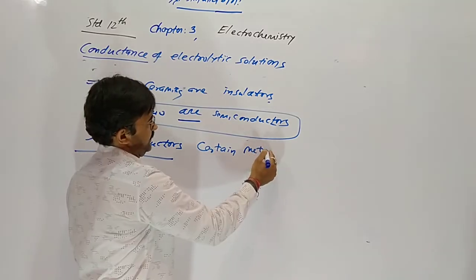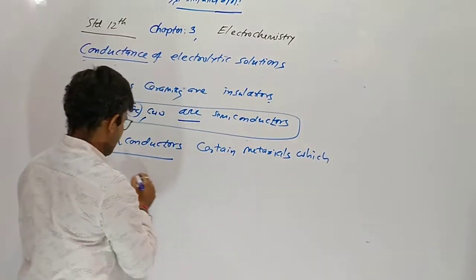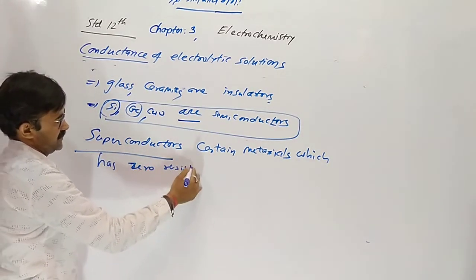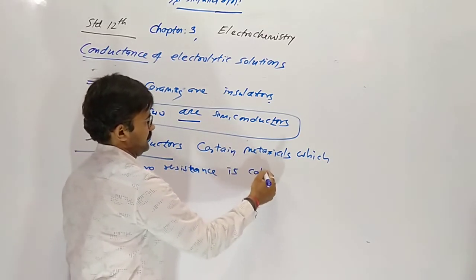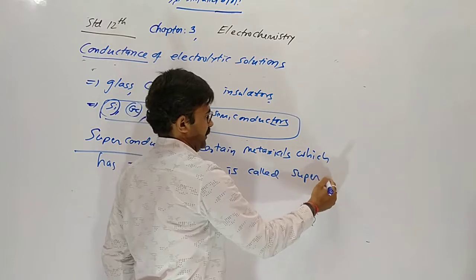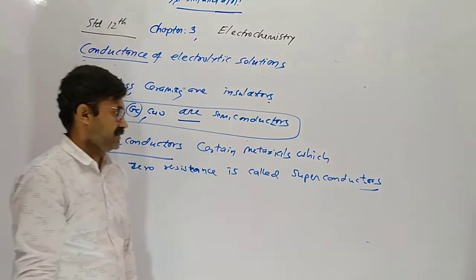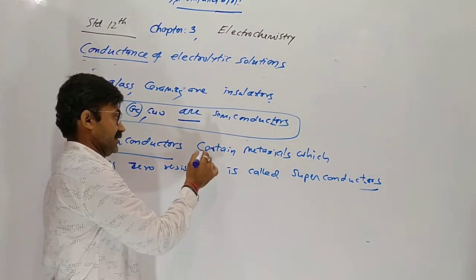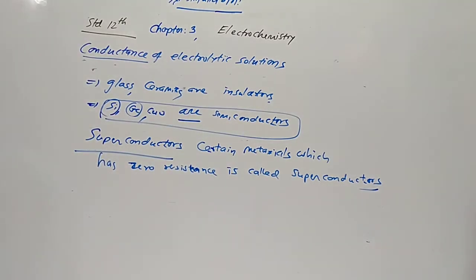Certain materials which have zero resistance are called superconductors. Some materials have zero resistance. Whenever resistance is zero, conductivity is very high. That is called a superconductor. Infinite conductivity.